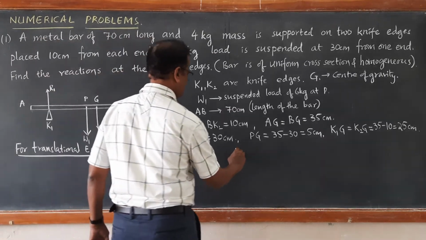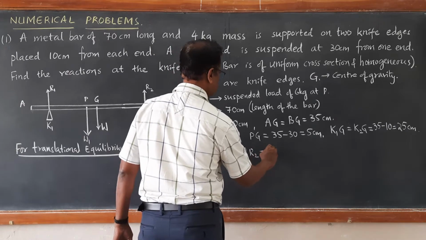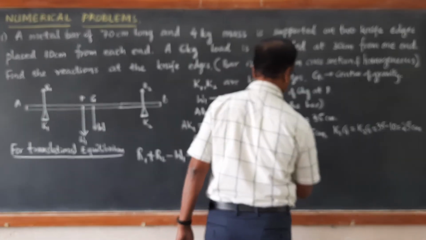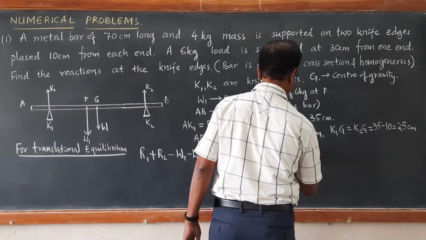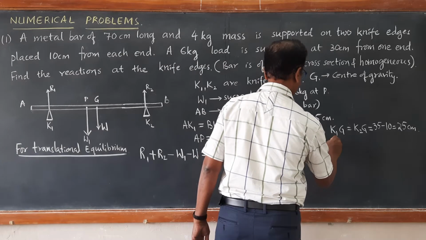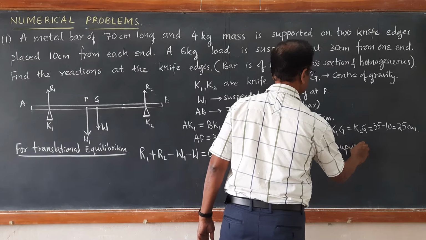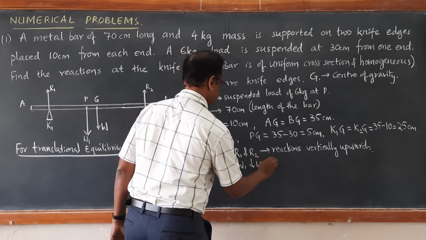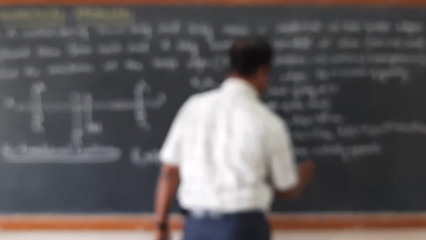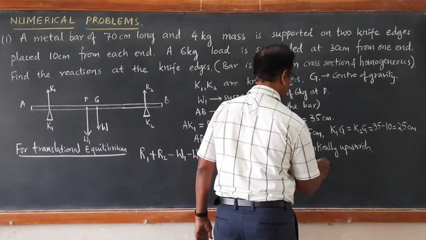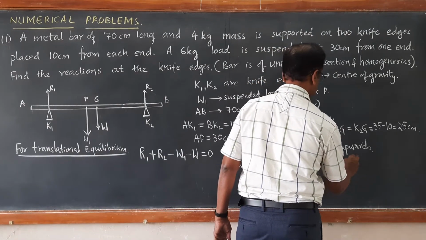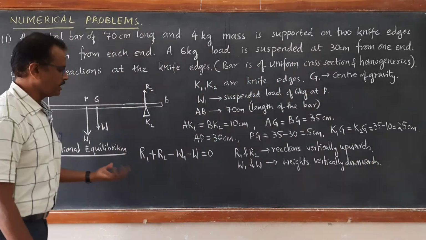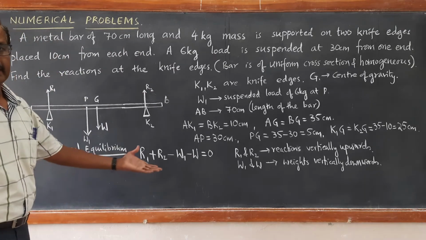Here R1 and R2 are the normal reactions vertically upwards, and W1 and W are the weights vertically downwards. So you are asked to calculate R1 and R2 using these conditions of translational equilibrium and rotational equilibrium.